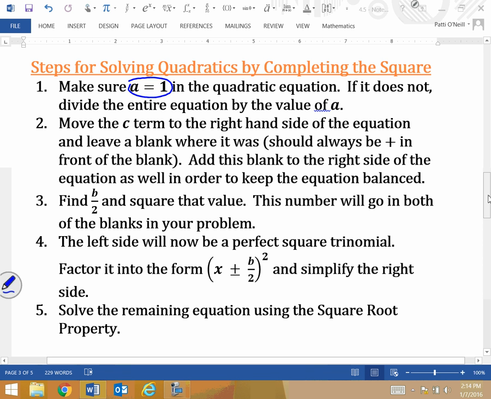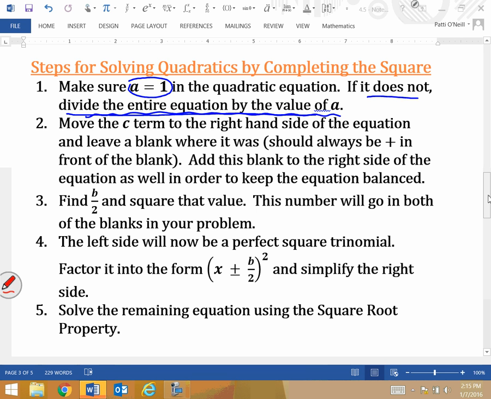So if a is not equal to 1, we need to divide the entire equation by that value of a to get it equal to 1. So a has to be 1 in your quadratic equation in order to go through this process. If it's not, you divide everything out by that value of a, and I'll show you that in an example that we do in a little bit.